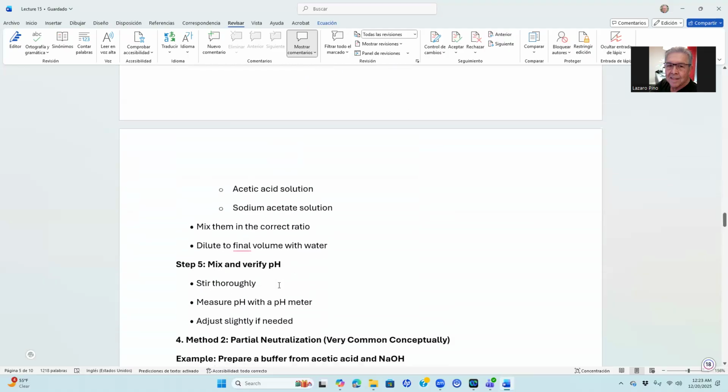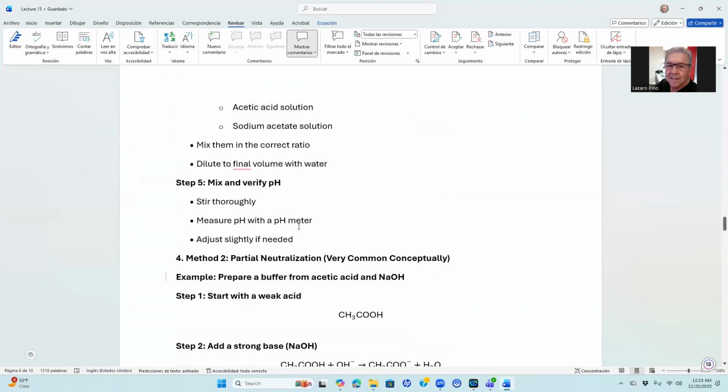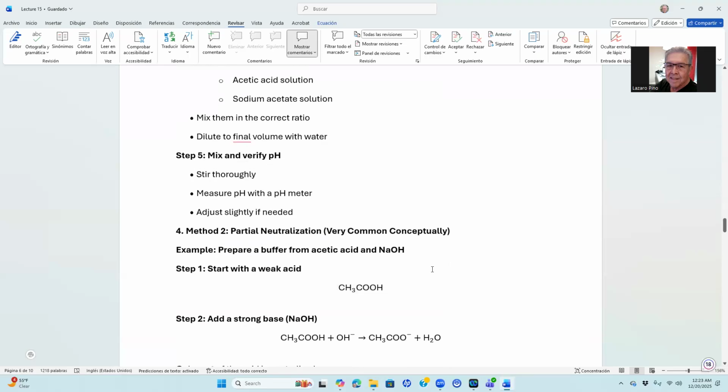What is important for me at this moment, because you're going to study buffer solutions at another level of chemistry, is that buffers are very important because they resist the addition of small quantities of acid or bases. The pH remains almost constant because of this combination of a weak acid and its conjugate base, or a weak base and its conjugate acid.